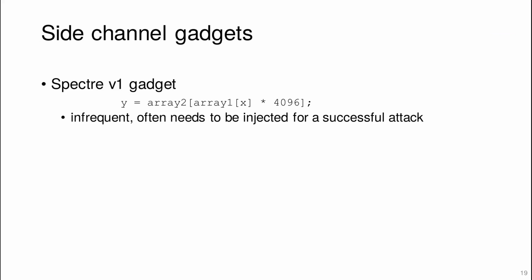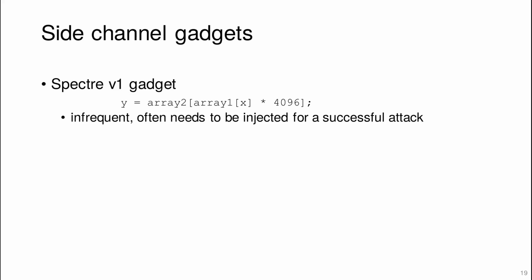So basically a double array dereference. Whenever this is executed speculatively, if the attacker controls X, and X could be out of bounds, this gadget will leak in the cache under certain assumptions some bits about array 1 of X.